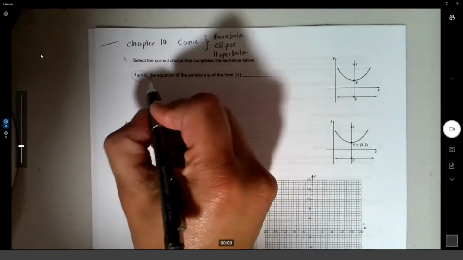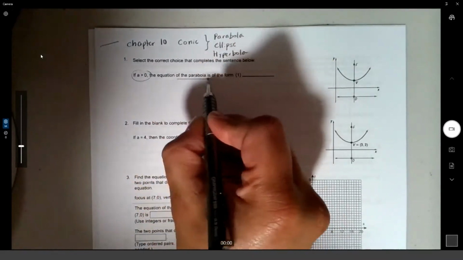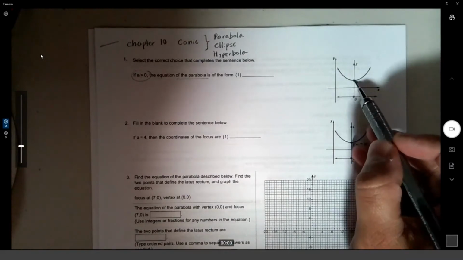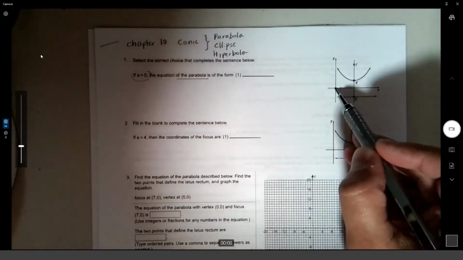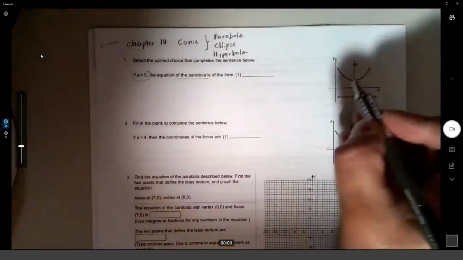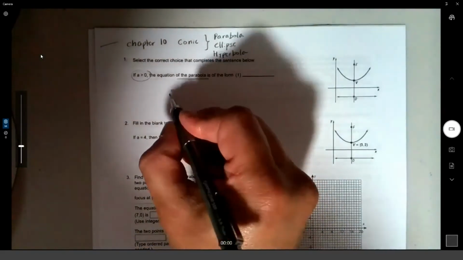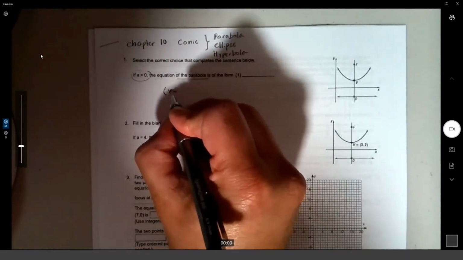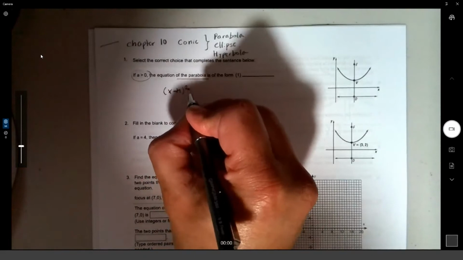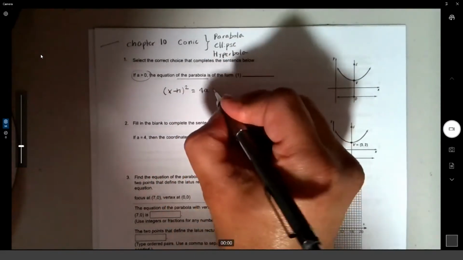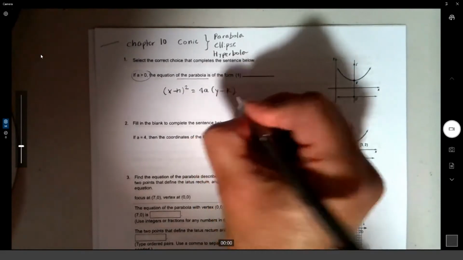All right, so if we're looking at the equation of a parabola, and what I'm looking at here in this particular picture is that this parabola, the vertex is not at 0, 0. So in this particular case, since it is opening up, it's going to be of the form (x minus h) quantity squared equals 4a times (y minus k).